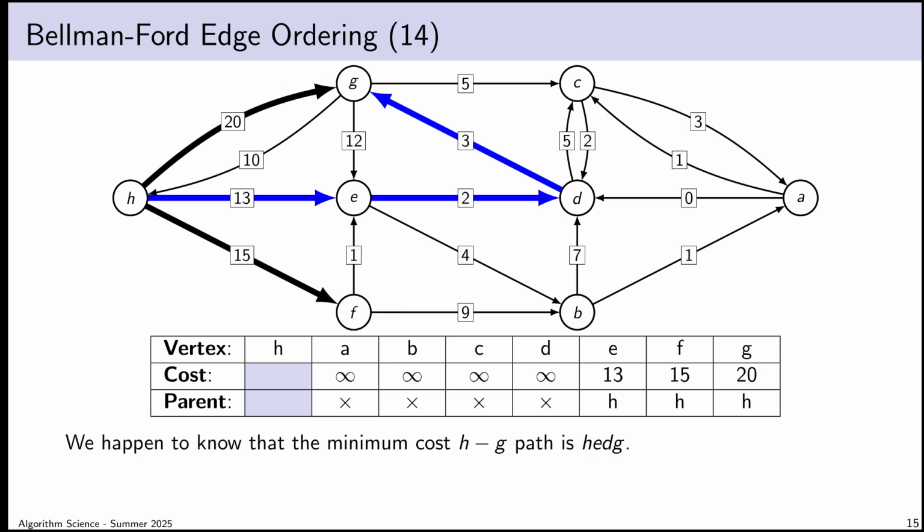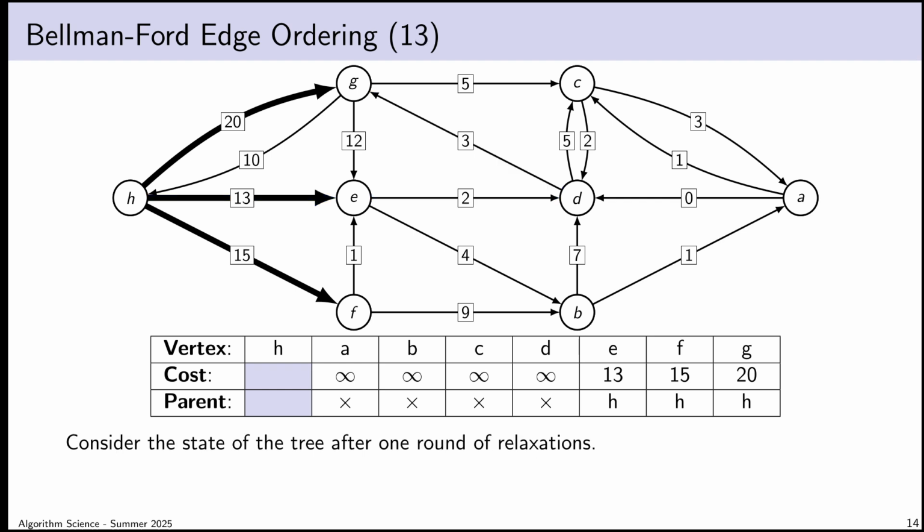Now, the true minimum cost path from vertex H to vertex G is HEDG, as I outlined a minute ago. Basically, the question I want to investigate is, why does it take so long to latch these 2 edges into my minimum cost path, to choose this in preference to my current choice, the edge HG? I'm going to need to relax these 2 edges before I can get them into my tree.